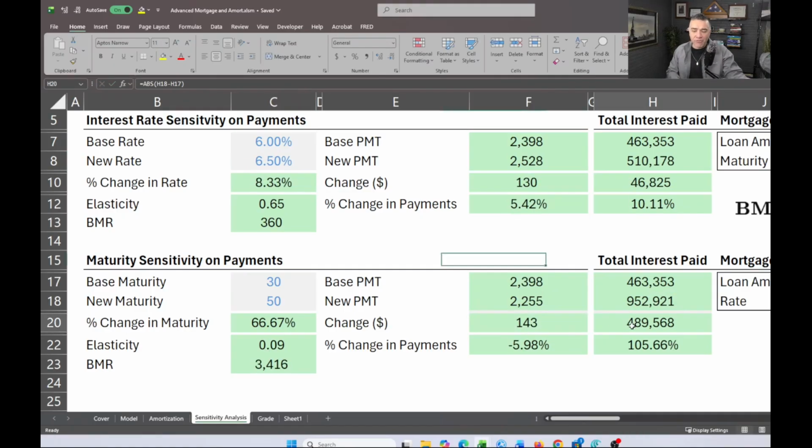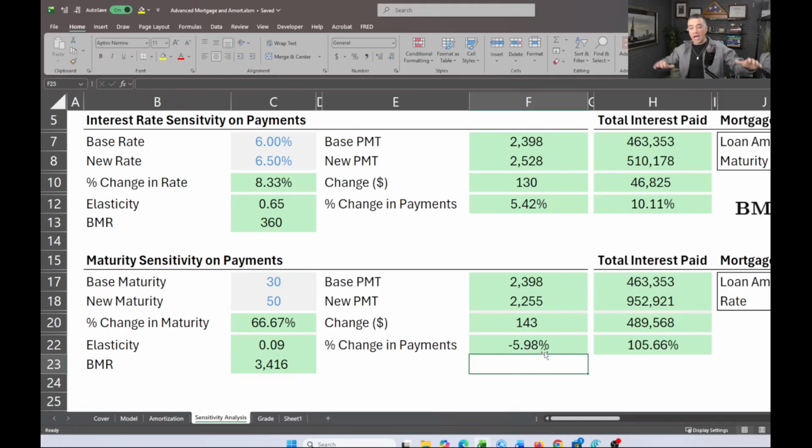So you're paying $489,000 more in interest. That is a percent in interest. You're paying 105.66% more interest for a decline of nearly 6% less in payments per month.